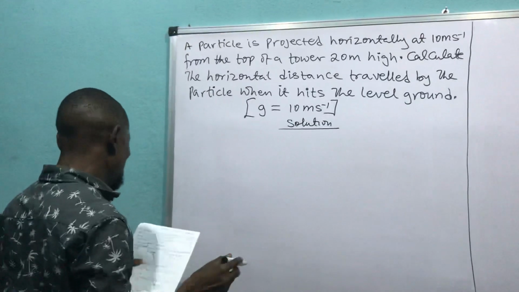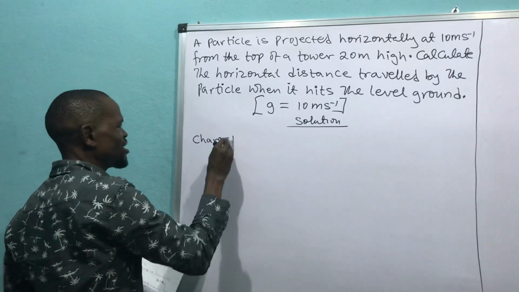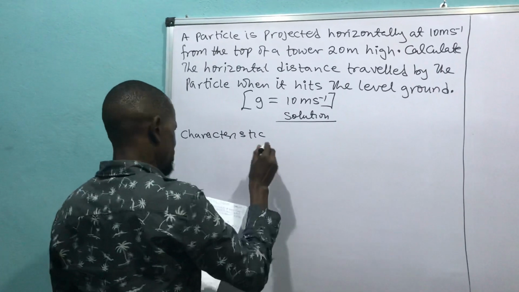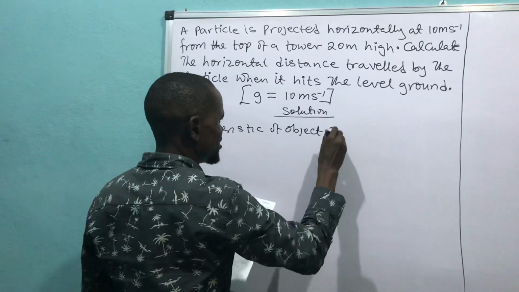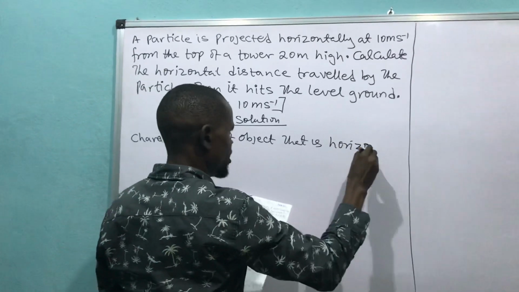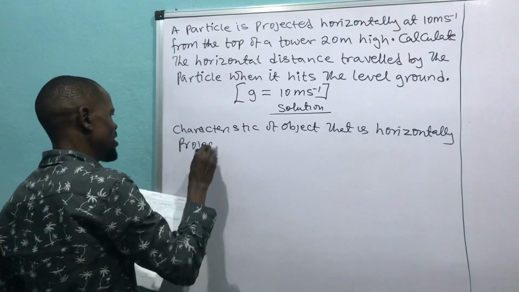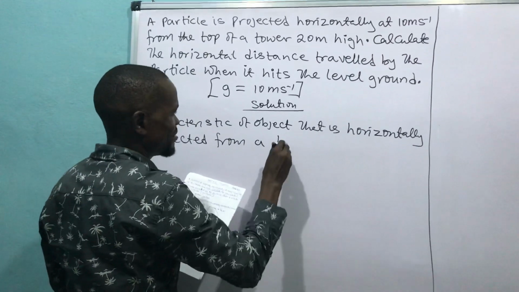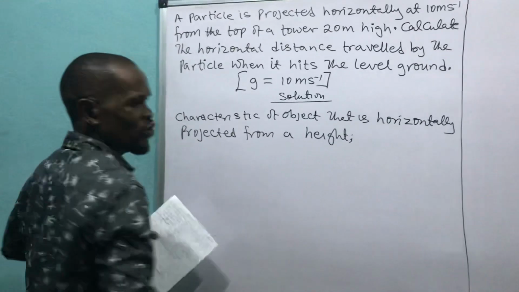First of all, let us look at the characteristics of an object that is projected horizontally from a height.